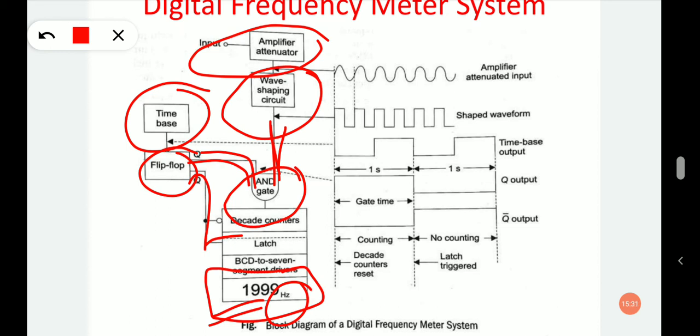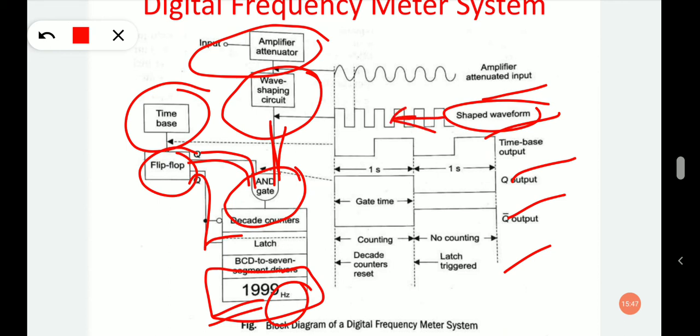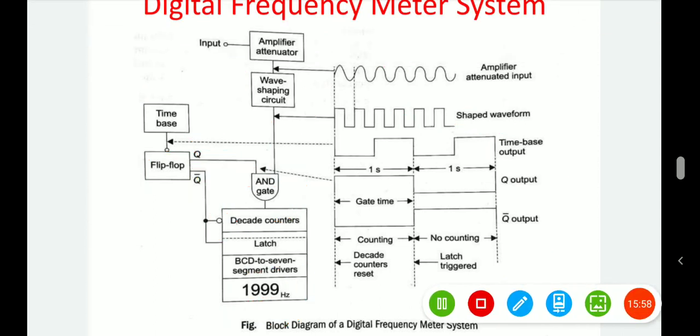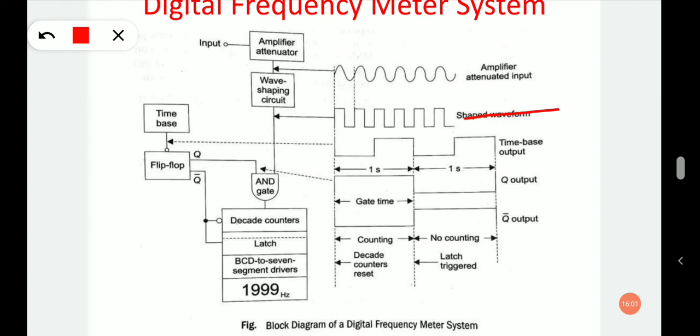Here waveforms for all the parameters are given: the amplifier or attenuator and input, then the shaped waveform, that is the output of the wave shaping circuit, which converts the input waveform to a square waveform. Then for the time base output, there are alternating outputs, one high and another low, for each 1 second.